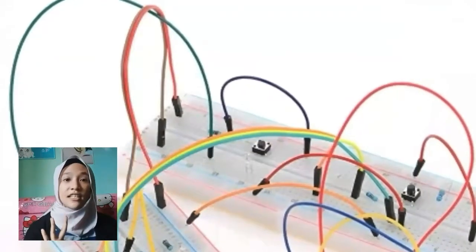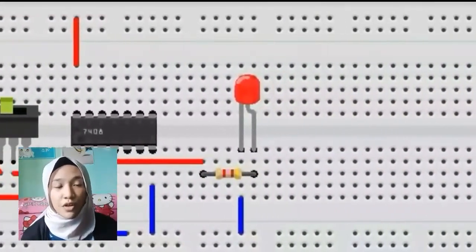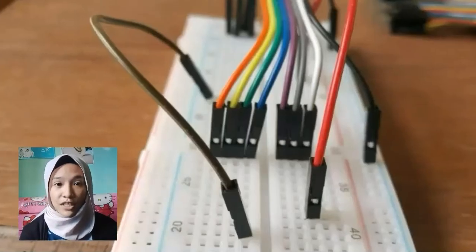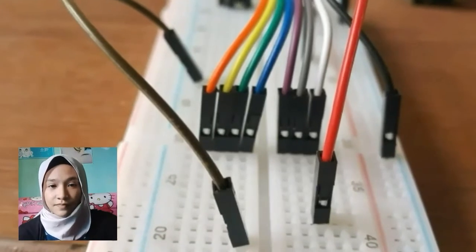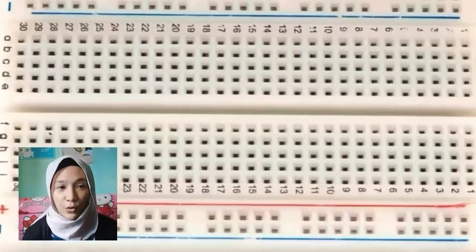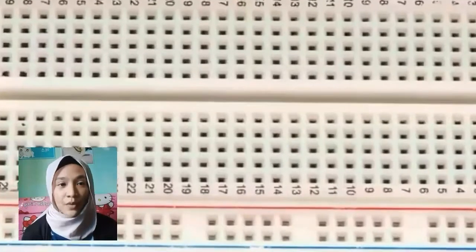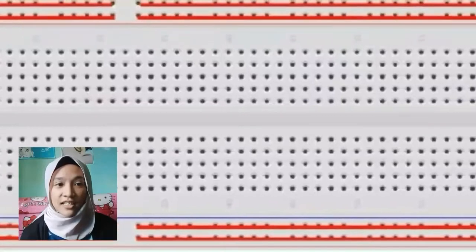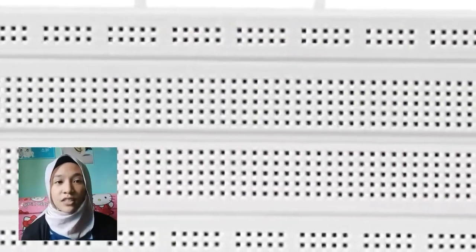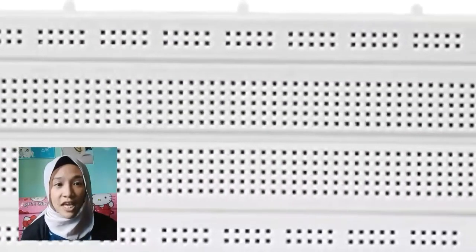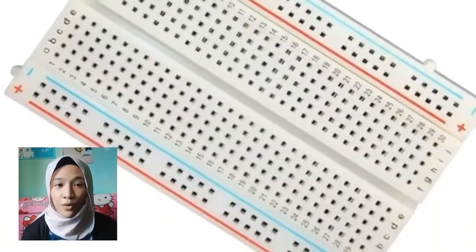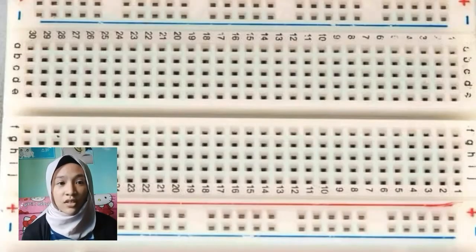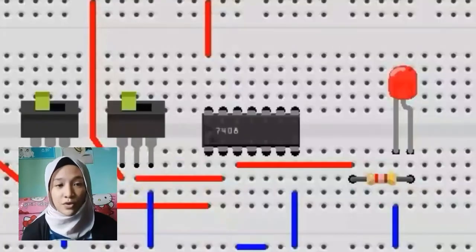Okay, number 3 is project board. Project board, often referred to as breadboard, is the basis of the construction of an electronic circuit and is a prototype of an electronic circuit. In modern times, the term is often used to refer to certain types of board where components are assembled, wherein this board does not require a soldering process.